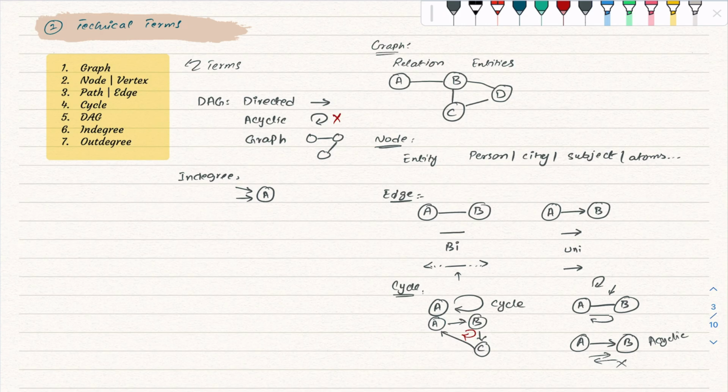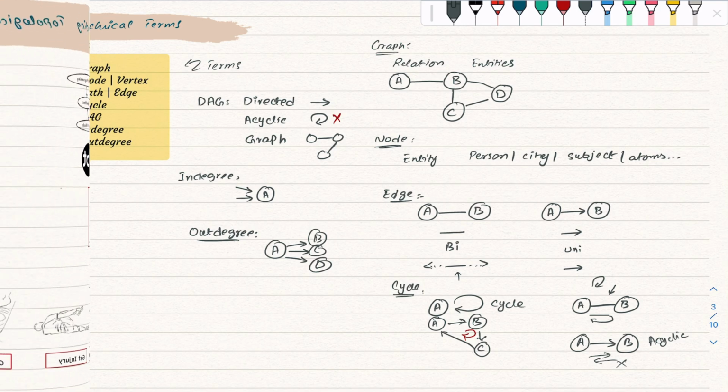And what is out-degree? Out-degree means if there is a node A and there are some edges which are going out. This shows that A says, I am a prerequisite for node B, C, D. Alright, now we can move forward to understand what is topological sort.